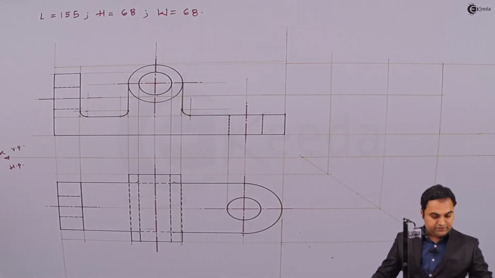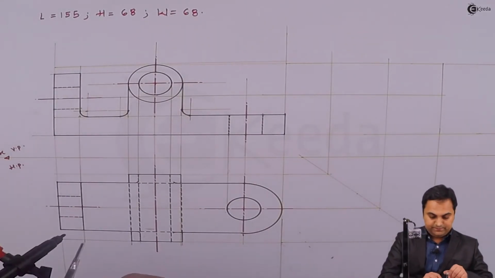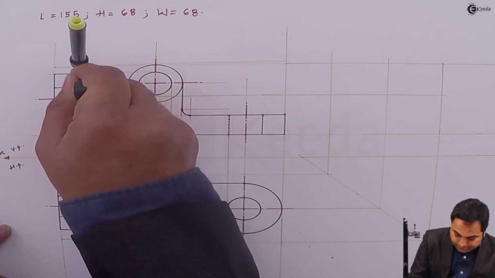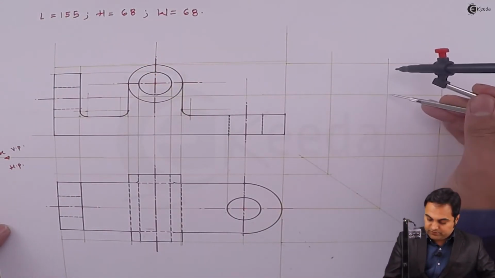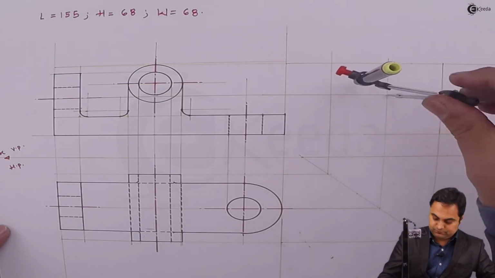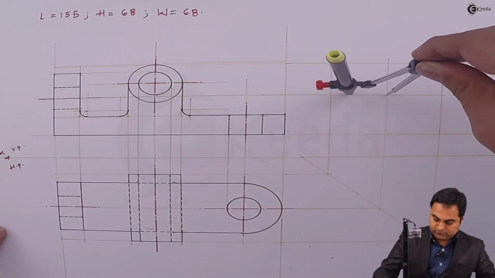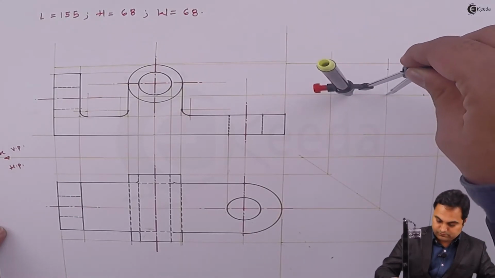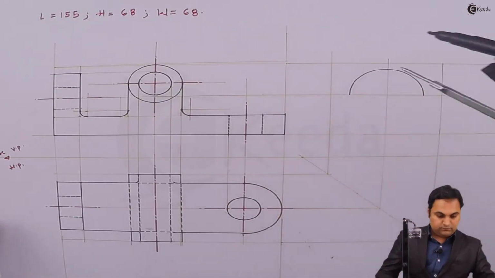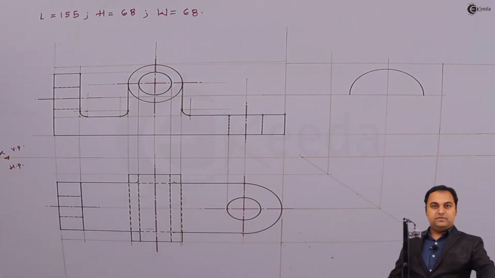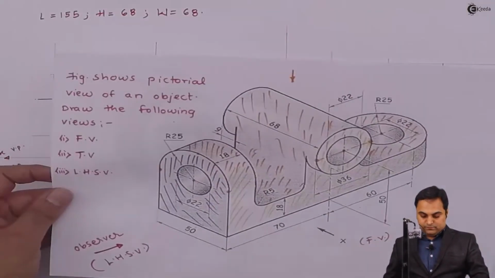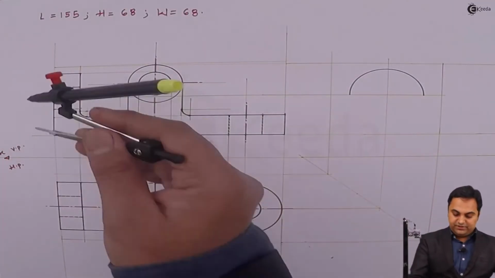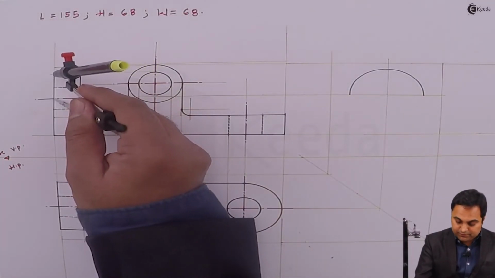And I can take the radius of that semicircle directly from the front view with the help of this center. Then inside this semicircle, there is another circle of diameter 22. Its radius is also here.